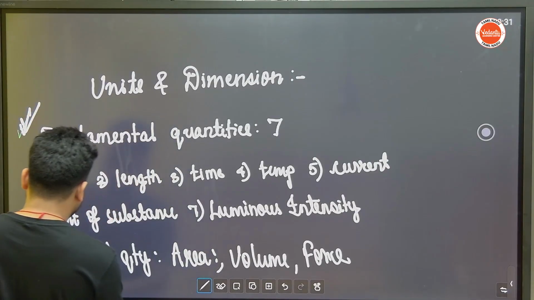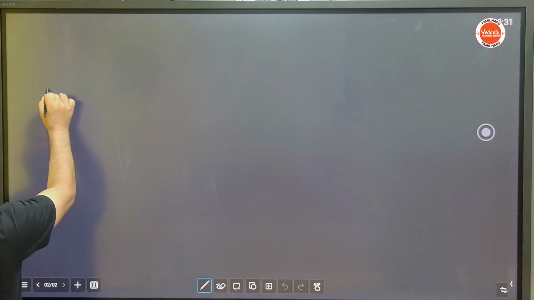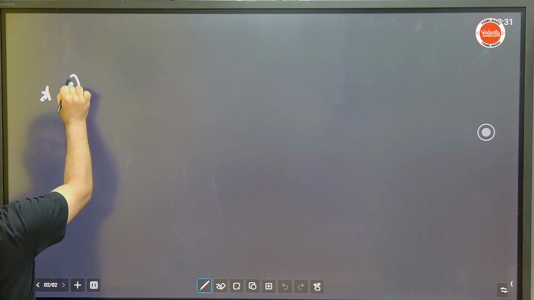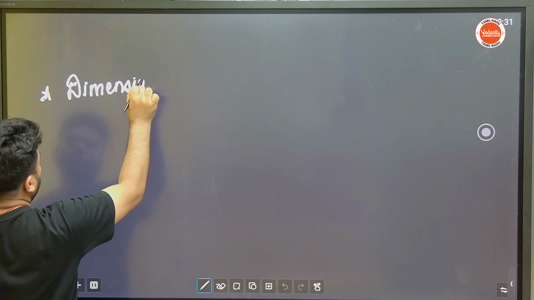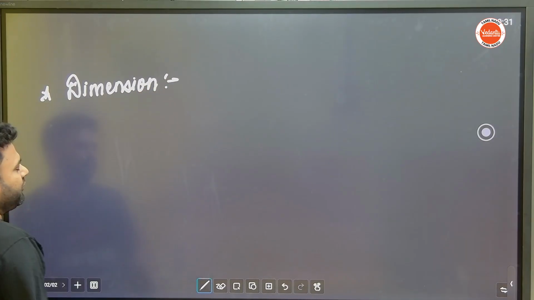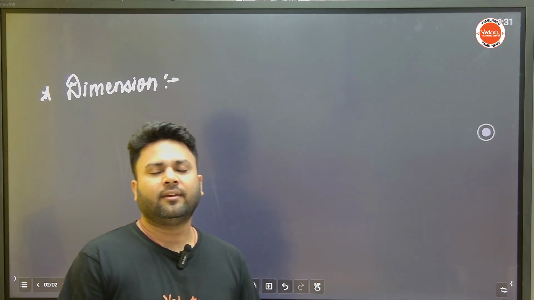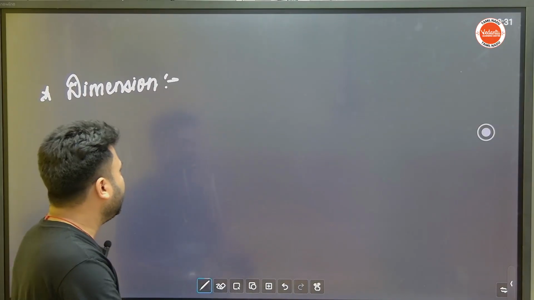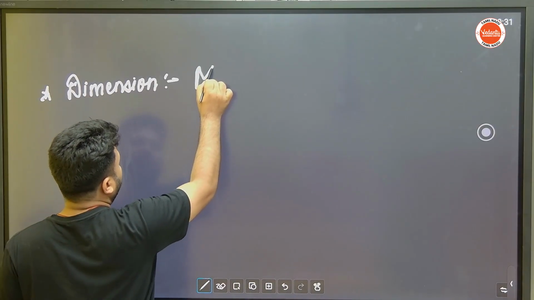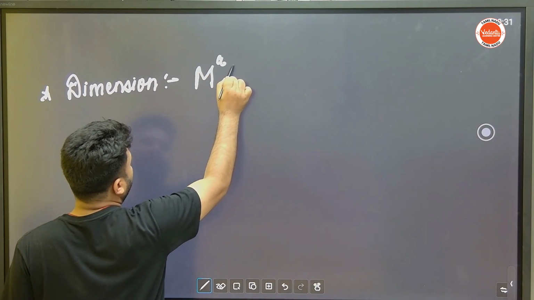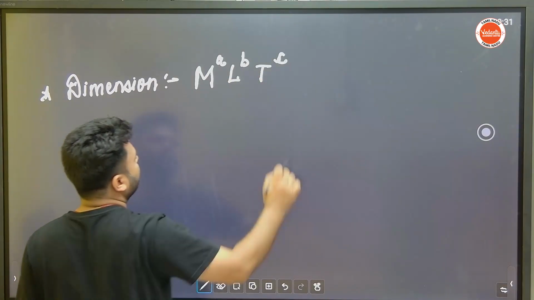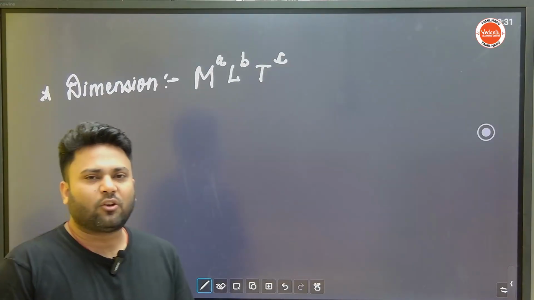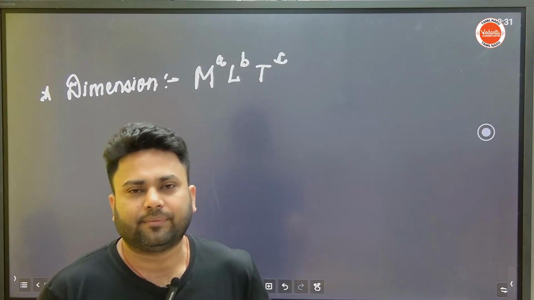Now next point, dimension. If we can define any quantity in the form of M to the power something, L to the power something, T to the power something, then we will call this the dimension of that quantity.